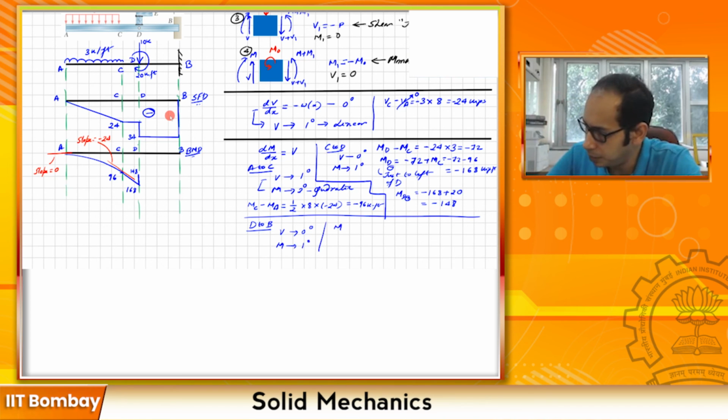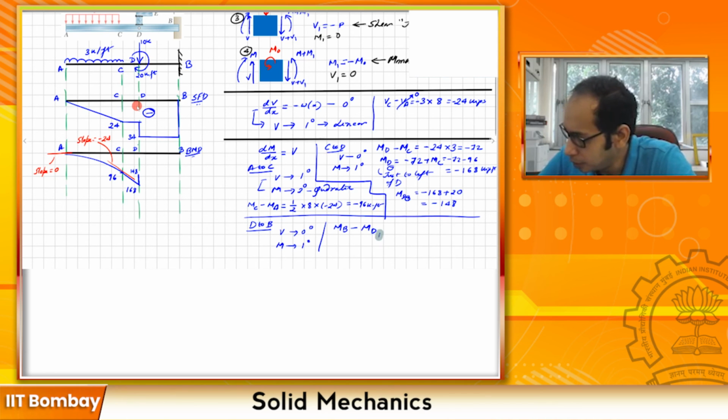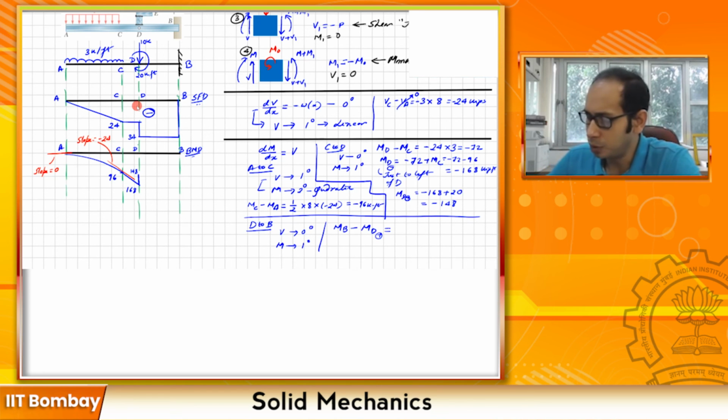So we have MB minus MD. Since I am going from here to here, the last encountered moment is that MD plus, which is just to the right of this section. So this is 148. Let me mark that MD plus. Let me write that a bit more clearly. It is equal to the area of the shear force diagram between these points.